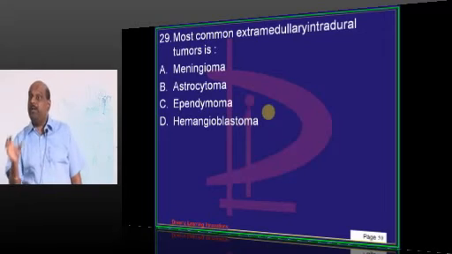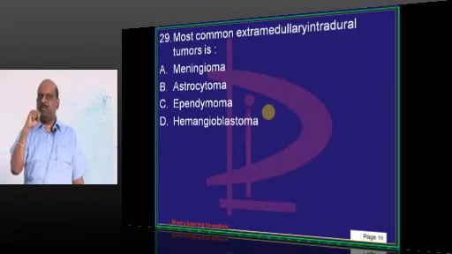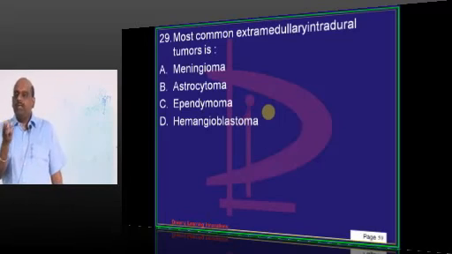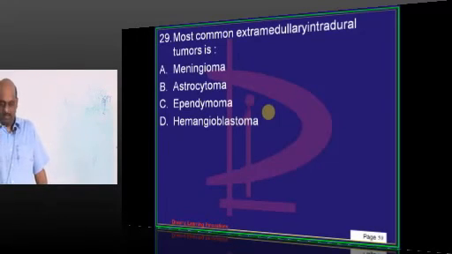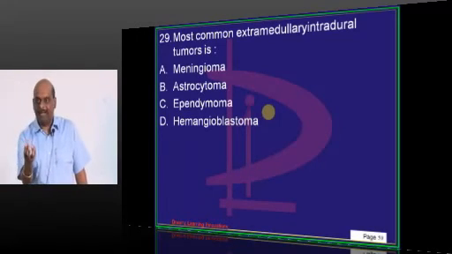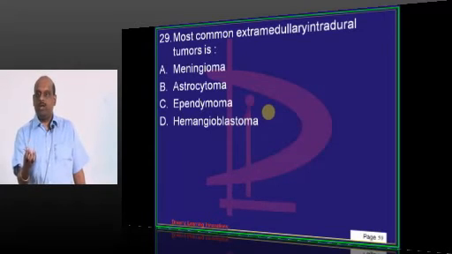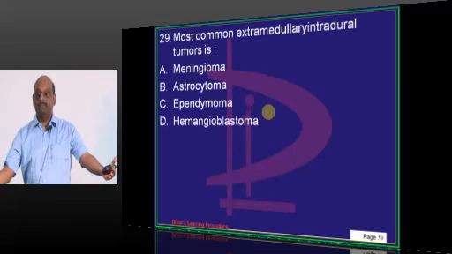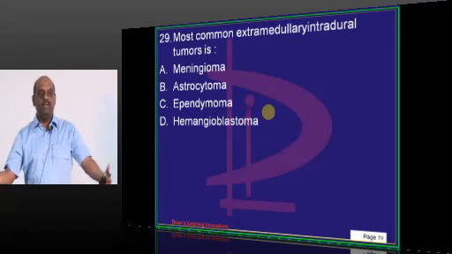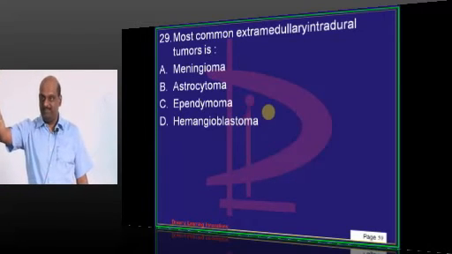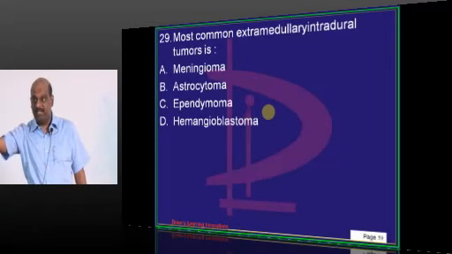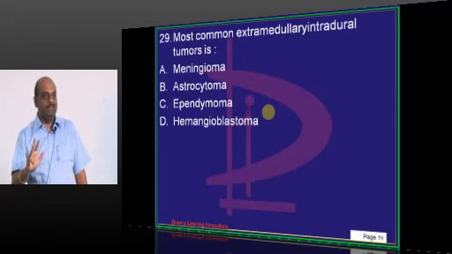What are intramedullary tumors? Those arising directly from the spinal cord. Remember, what is the innermost part of the entire vertebral canal spinal cord? Inside the spinal cord, a sage is sitting and doing japam. SAGE: S for syringomyelia, A for astrocytoma, also called glioma, E for ependymoma.